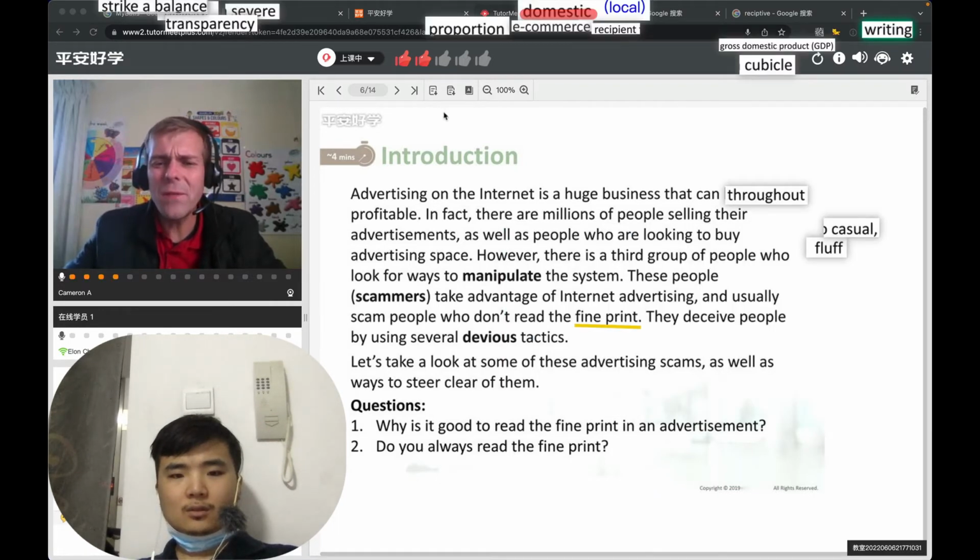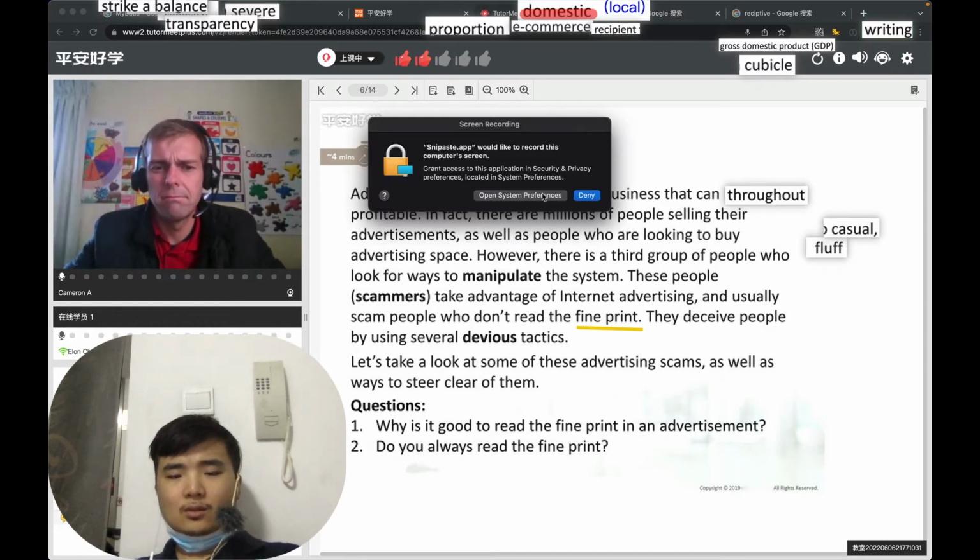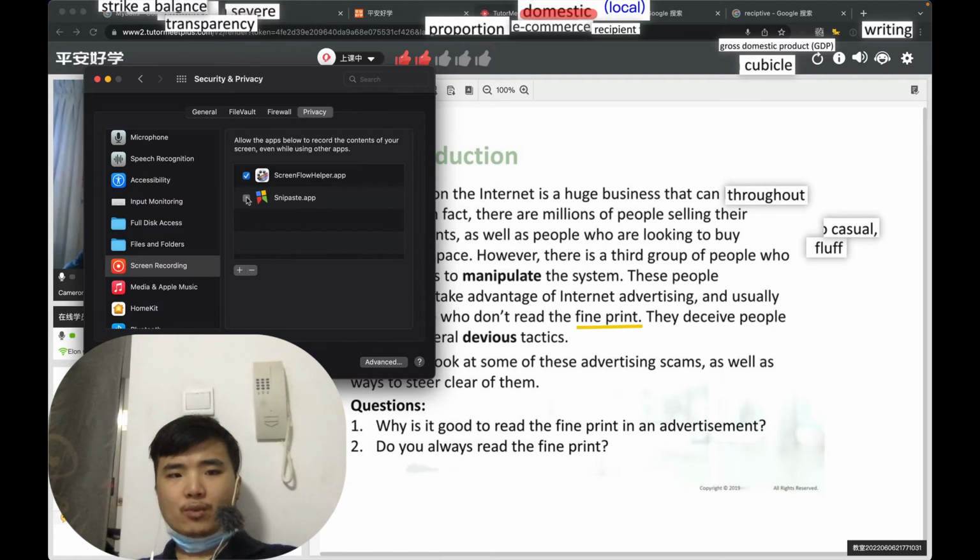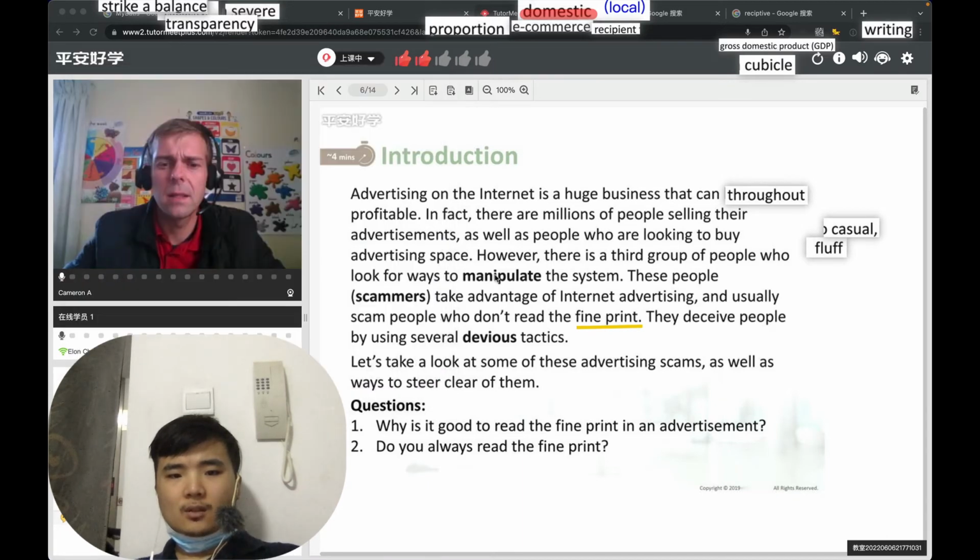Elon, what is fine print? Well, fine print means some notice. Well, I have no idea.